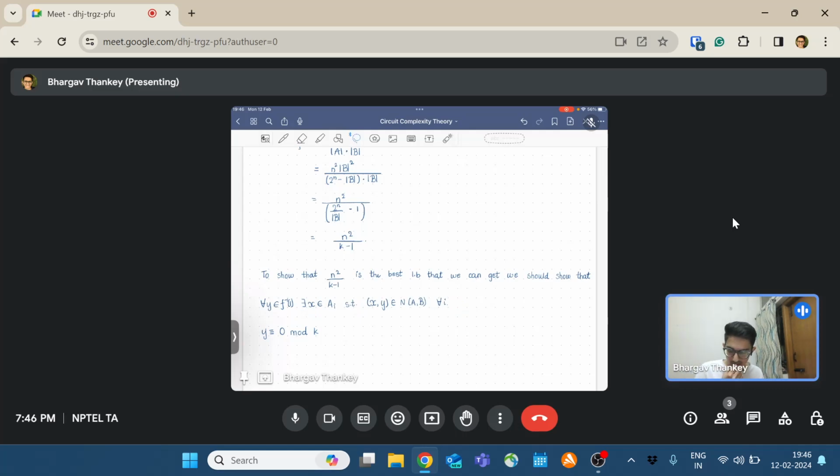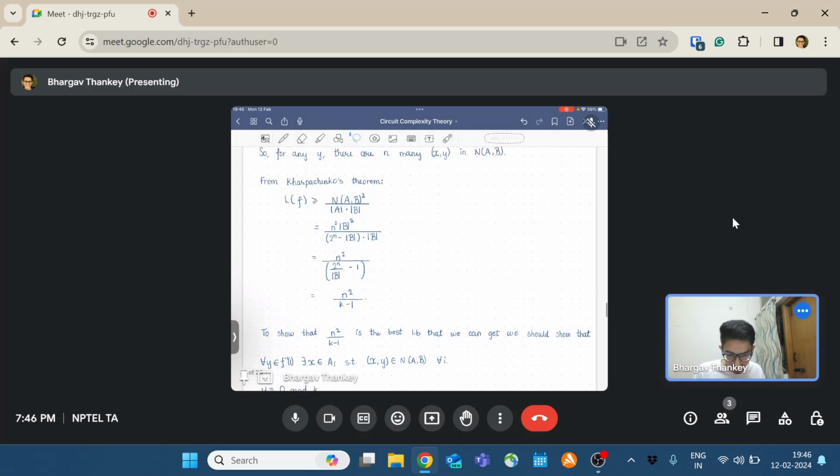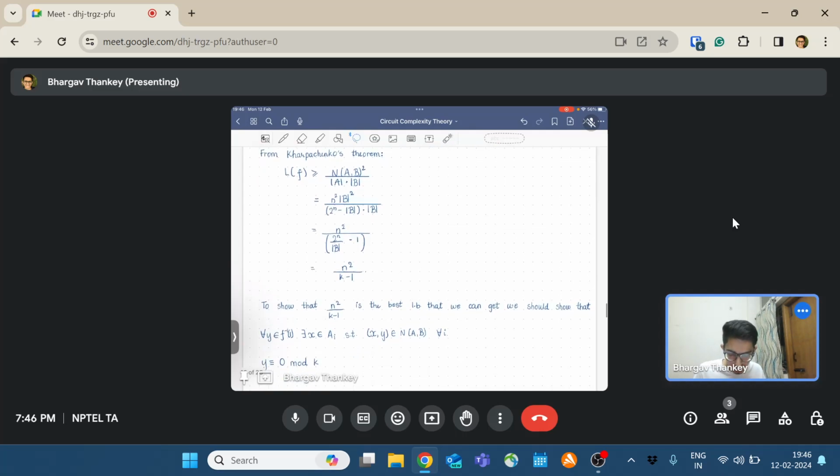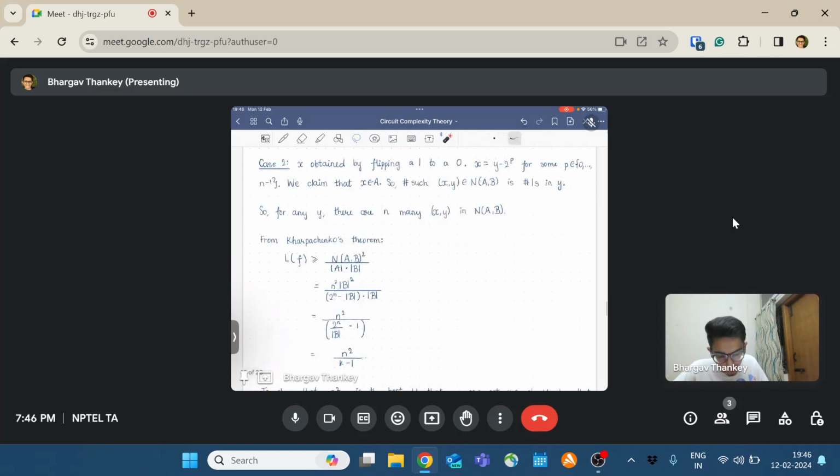Basically, what I'm trying to do is pick any y you want in F inverse 0. If I show that all its neighbors are in each of the A_i, then the only way I'm going to get n squared, and not something like n squared over 2, is if I pick all A_i in my A.